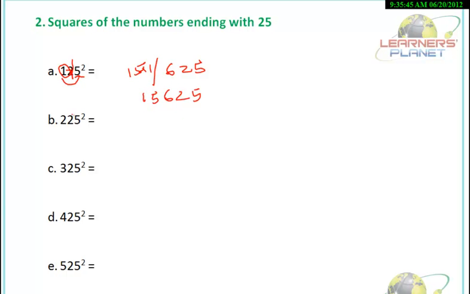So 125 square is 15625. Similarly, in this case, we'll just write 625 as it is, then 25 into 2. This 25 into this number. So 25 into 2 is 50. 50625.